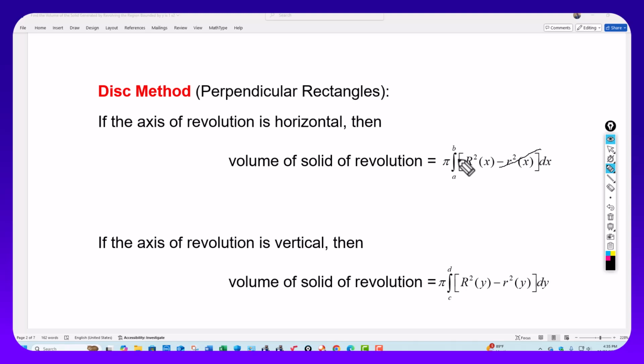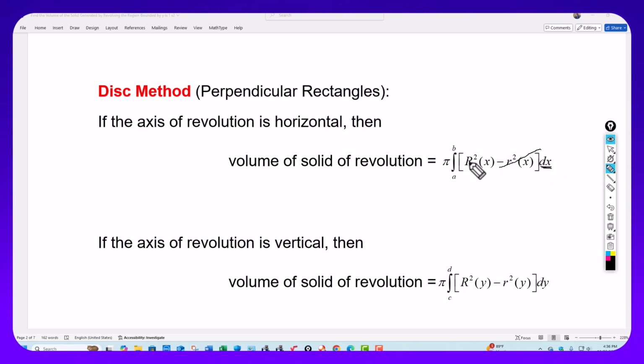So the first thing you want to do is sketch the graph of the region that's given, determine your limits of integration, determine your radius, and square it. If you're rotating about a horizontal line like the x-axis, or y equals 3 or y equals 4, you're integrating with respect to x. So determine the variable of integration.